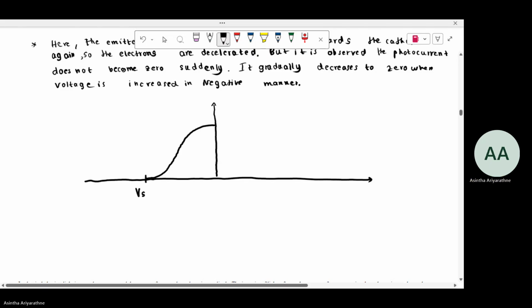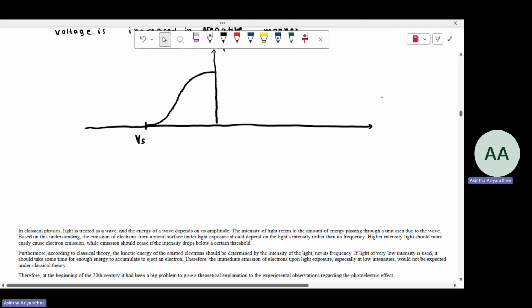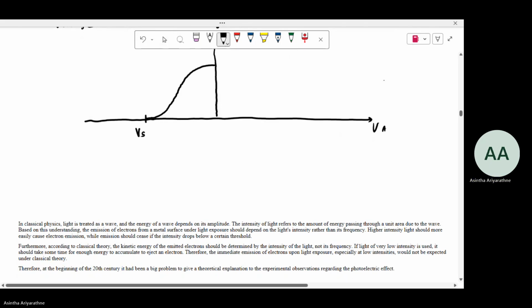So this is the variation of photocurrent with V_AC, the voltage of the anode with respect to the cathode.